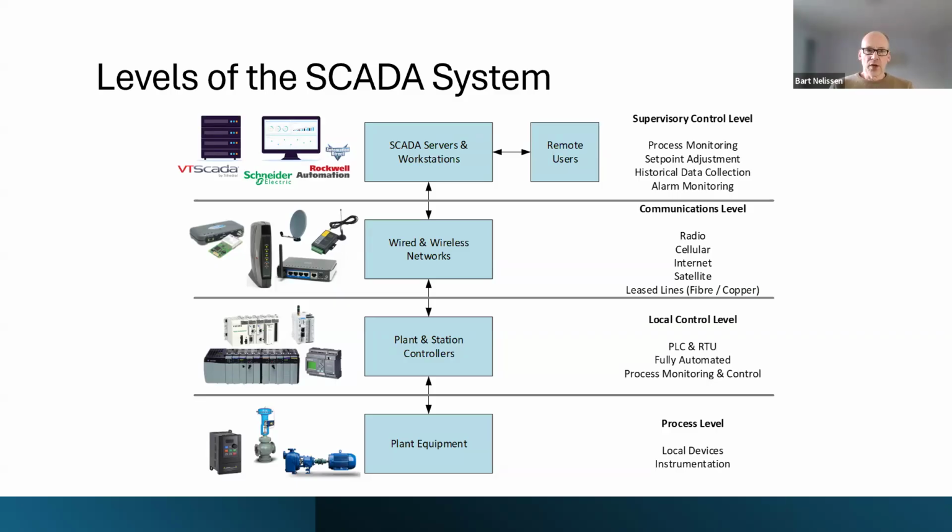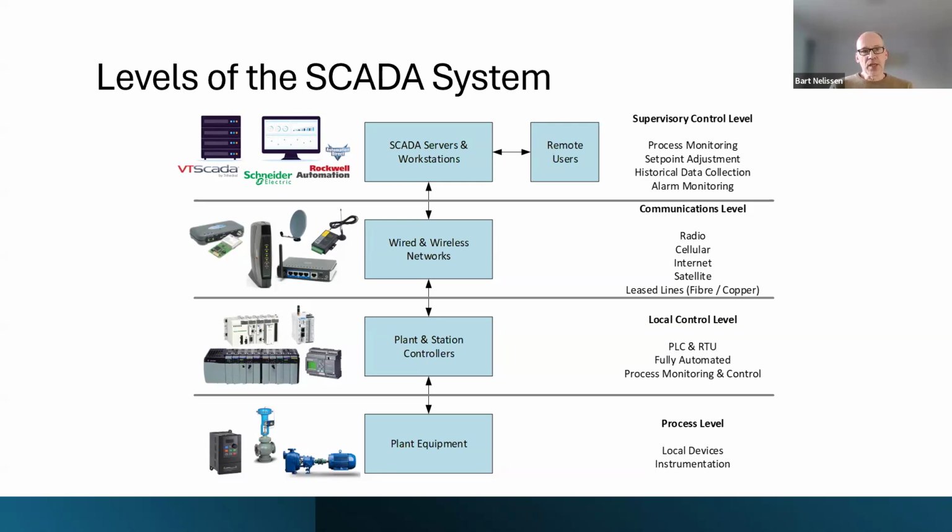Those devices, instrumentation or local devices, are physically connected to a controller. A controller is an all-encompassing name for more specific things called a PLC, which we're going to get into in just a moment.